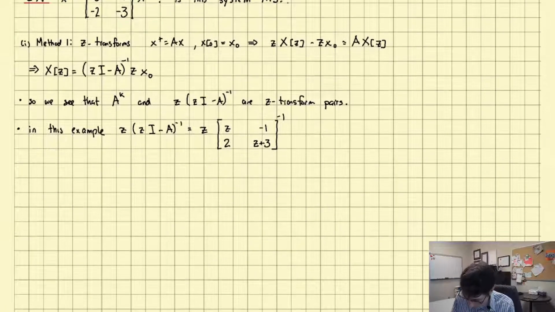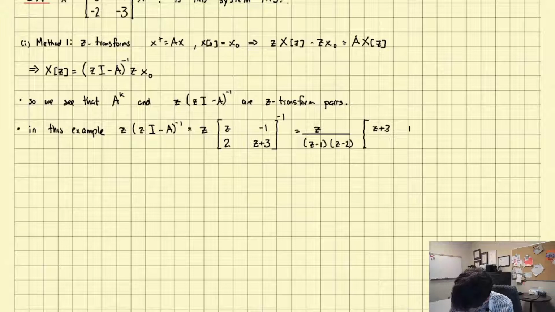I'm not going to go through the details. We've done it enough times, but if you do it, you get the following. Okay, so now we have this expression. I need to take the inverse Z transform of each entry of the matrix, and I will have my state transition matrix.